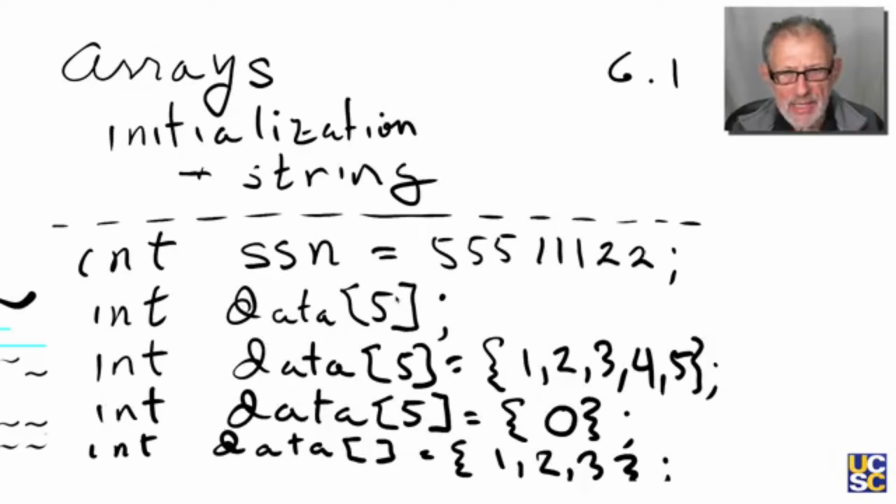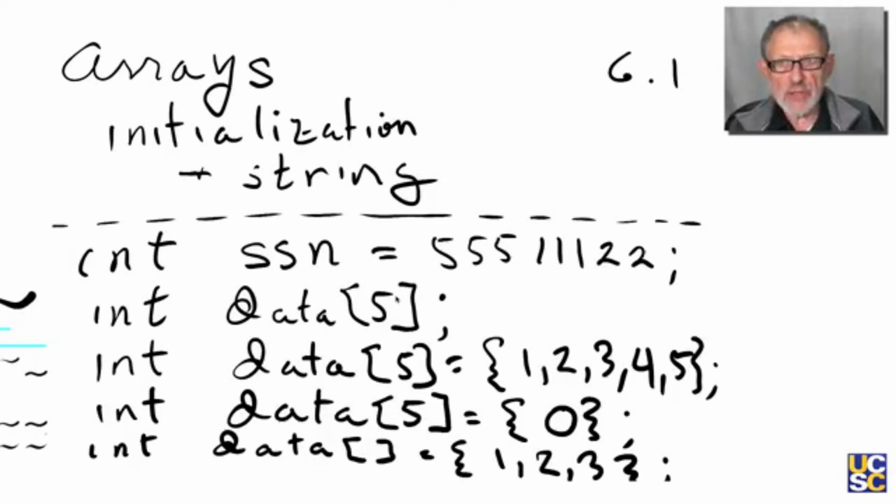It's really a series of characters. So a string is really an array of char, and we want to see how to initialize it. Of course, a lot of our interesting examples, including some in the homework, make use of working with strings.